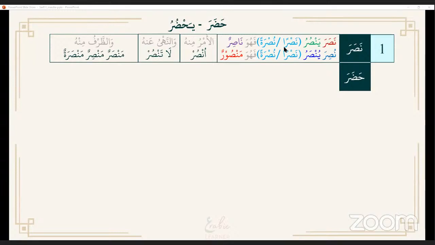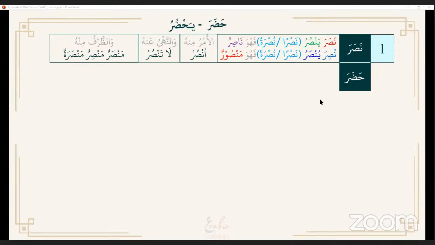fathan. You know why? Because this whole phrase makes some sense. The grammar experts wanted to make this whole phrase into some kind of meaningful sentence. I didn't explain the meaning of that, but they wanted it. So that's why, when they do this conjugation, they pronounce masdar in the mansub form: nasran, darban, fathan, karamatan, like that.